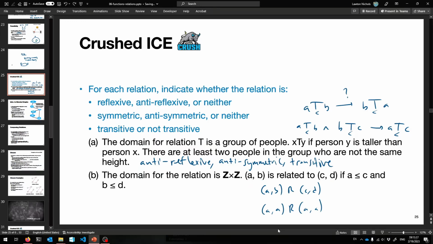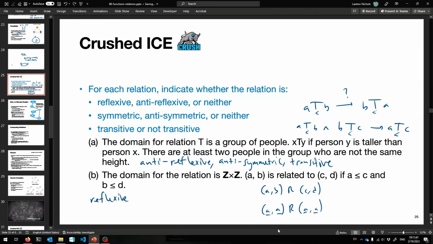It's hard to explain, but yeah, of course. Is this true? Of course it's true, because A is less than or equal to A, and A is less than or equal to A. Does that make sense? That's the idea. So it is a reflexive relation, because every ordered pair is related to itself.